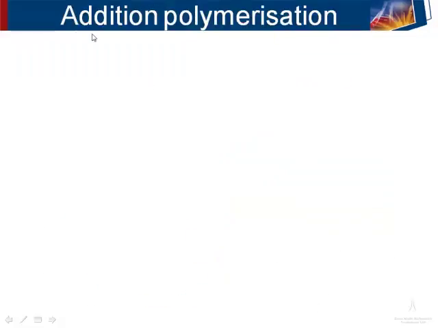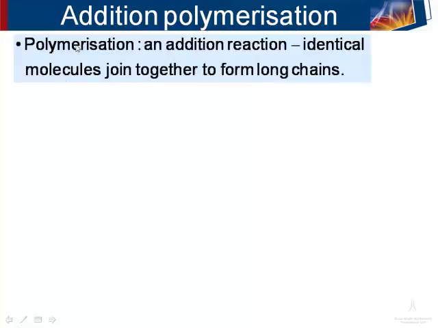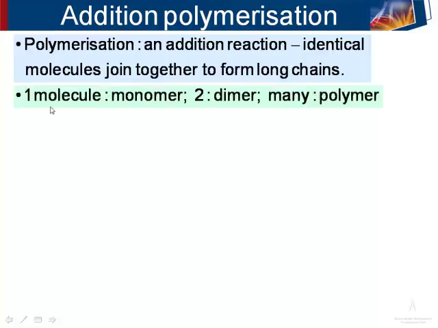The last addition reaction we're going to look at is addition polymerization. Polymerization is also an addition reaction, and identical molecules join together to form long chains, and importantly, one molecule is called a monomer, two a dimer, and many are called a polymer.